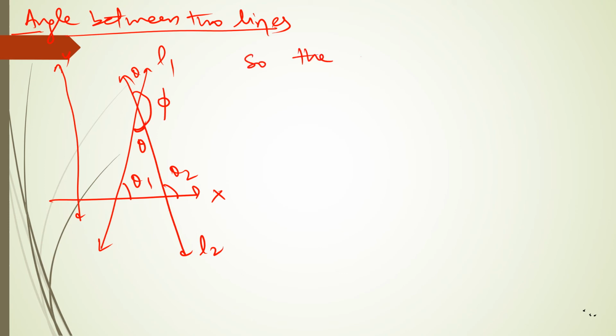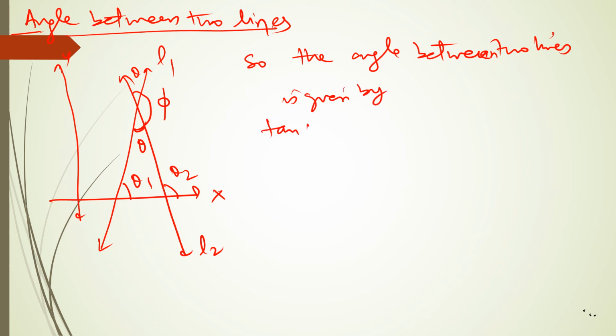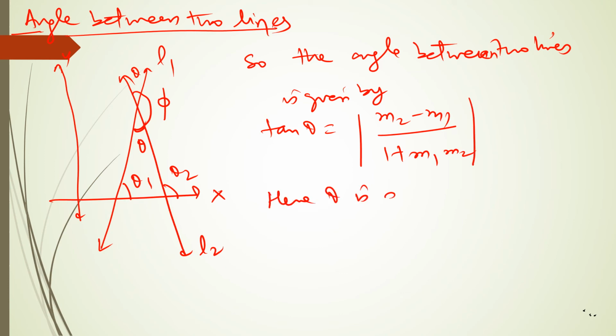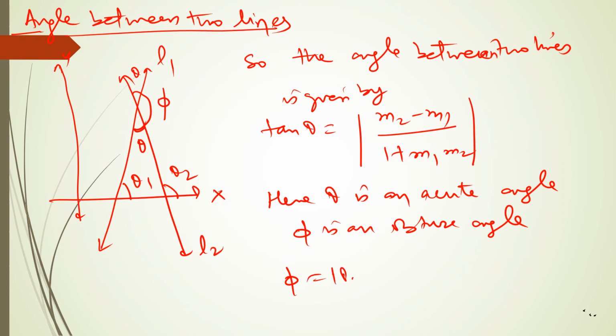So the angle between two lines is given by tan theta is equal to mod of m2 minus m1 upon 1 plus m1 into m2. Here theta is an acute angle, phi is an obtuse angle. To find phi, we have to consider 180 degrees minus theta, so we can get the angle phi.